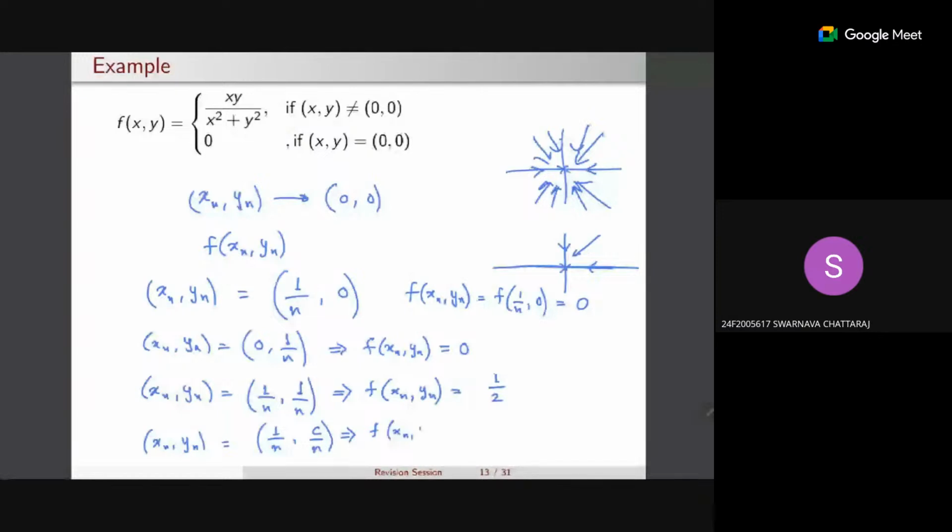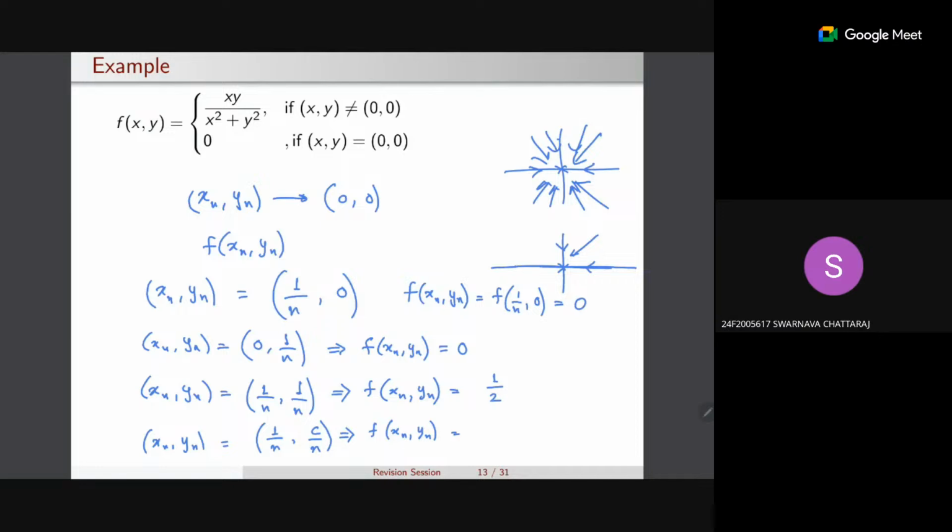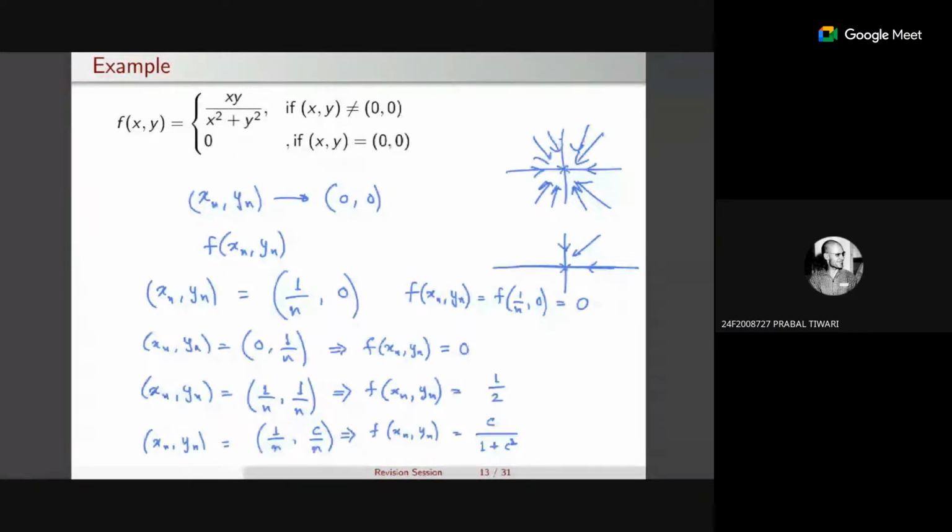I could take a better constant so that everything simplifies, but this will be some c divided by 1 plus c square. And I can modify the c to get any possible limit as the limiting value of the function along the sequence. Correct. So along different lines, you get different limits for the function.